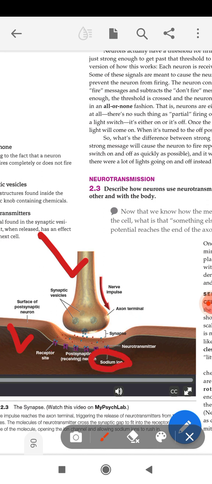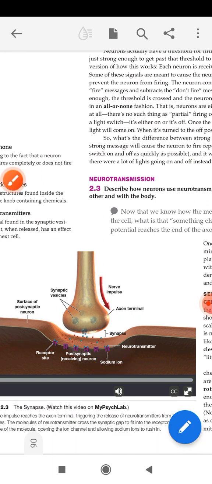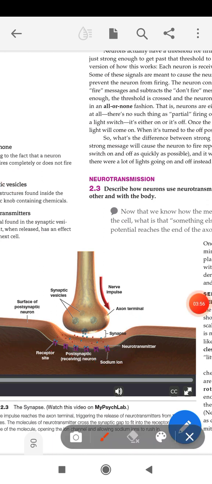Now what happens when the action potential reaches the axon terminal? When it reaches the axon terminal, some neurotransmitters are released from these synaptic vesicles.